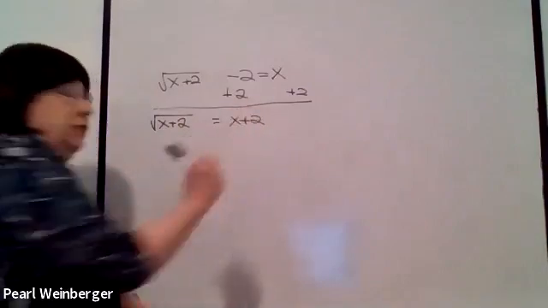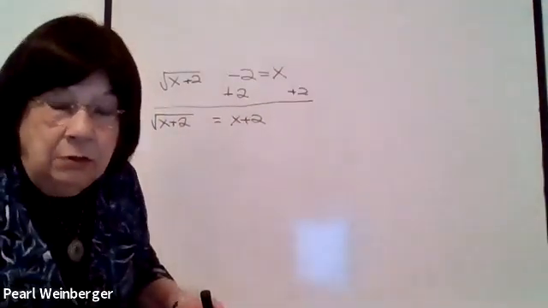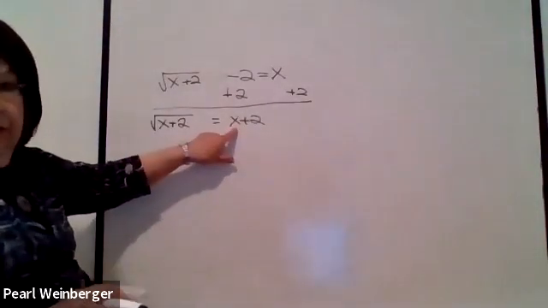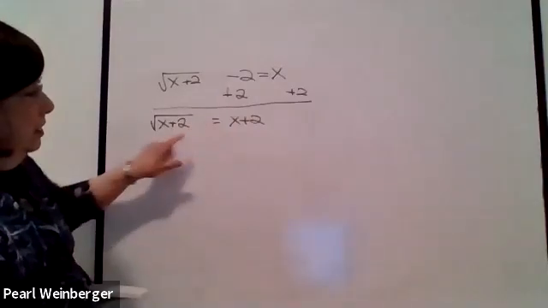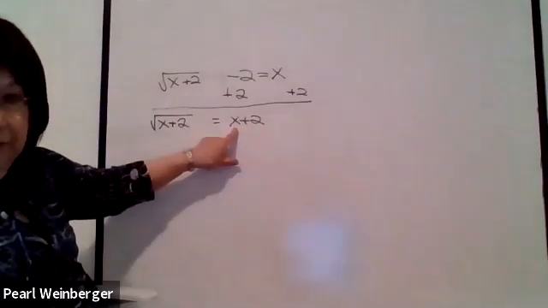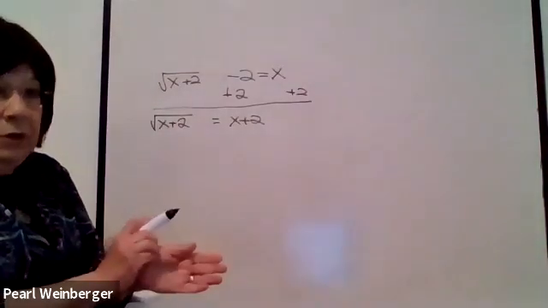Now, what's different about this is the fact that on this side, I have not just a plain number, but I have a variable as well. But the method is going to be the same.